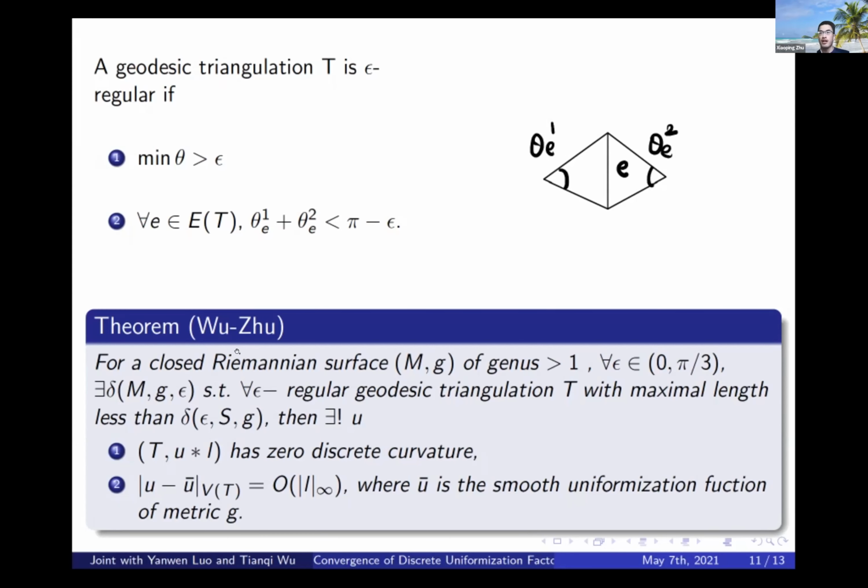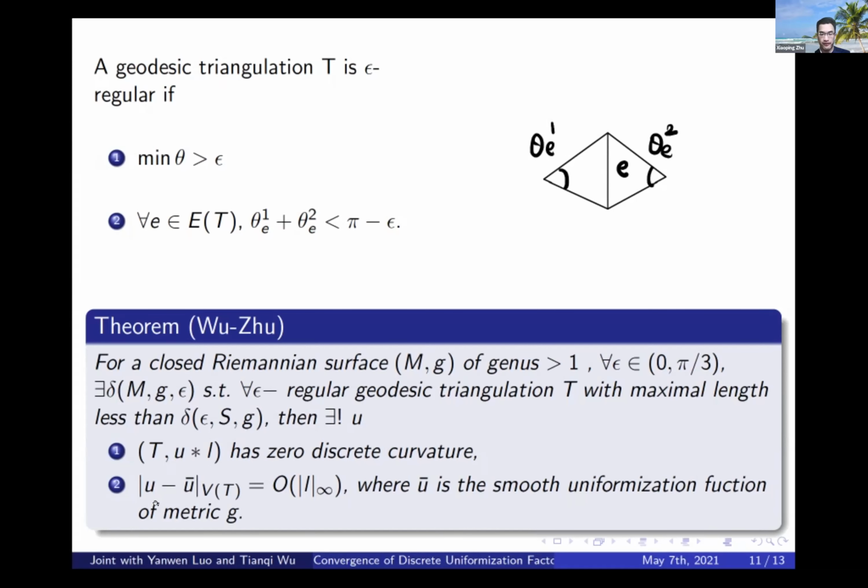We prove that if we have a closed Riemannian surface Mg of genus larger than 1, and epsilon is a constant between 0 and pi over 3, then there exists a delta, depending on the Riemannian metric and also epsilon, such that for any epsilon-regular geodesic triangulation with maximum length less than delta, there exists a unique U, which we call the discrete uniformization factor, such that after the vertex scaling, U star L has 0 discrete curvature.